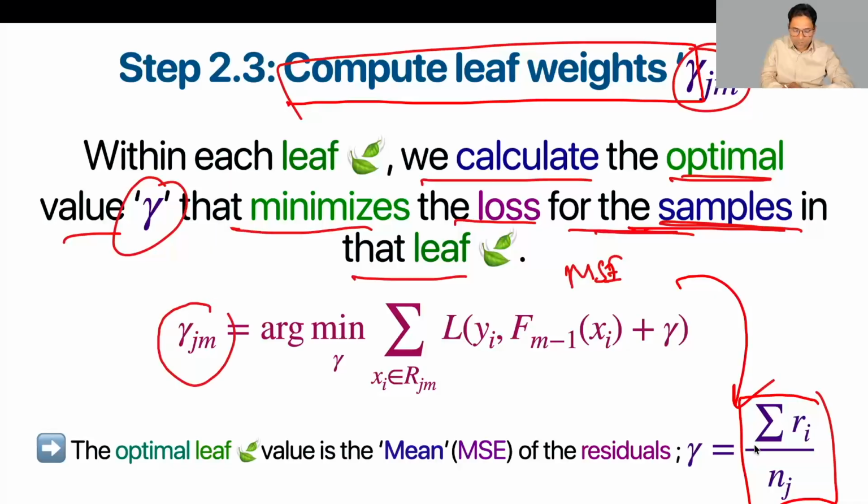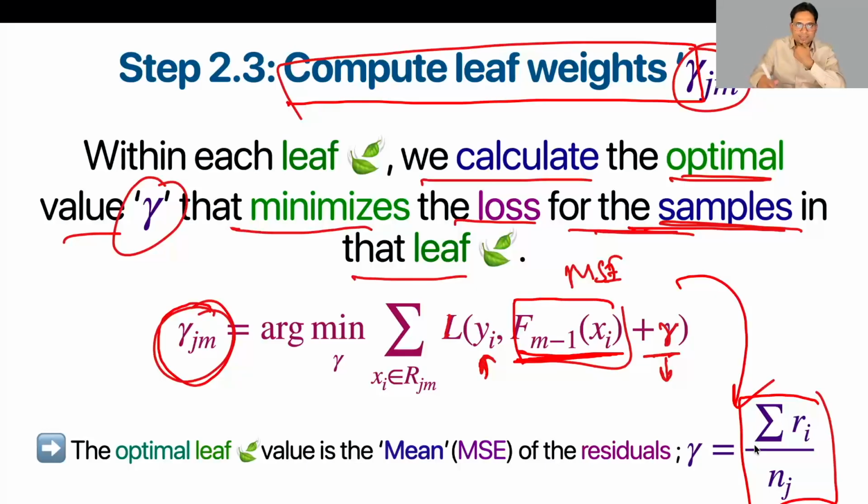And how is this gamma defined? This is the argmin of the loss of the actual value minus the last model's prediction plus gamma, that is your current model prediction. What needs to be predicted? Okay, so this is your gamma_jm. That is the actual value, and till now what the last model has predicted, plus the gamma.